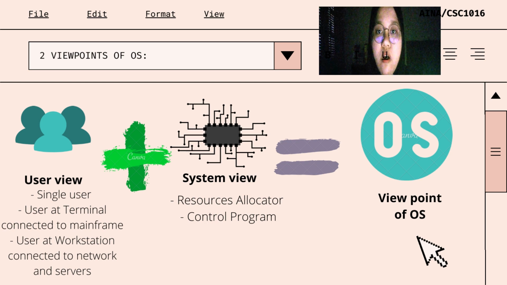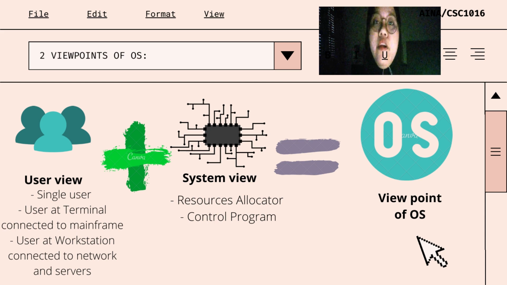It is also to share resources, exchange information, and assure that available CPU time, memory, and I/O are used efficiently. Lastly, for user view is the user at a workstation connected to network and servers. It is a compromise between individual usability and resource utilization.